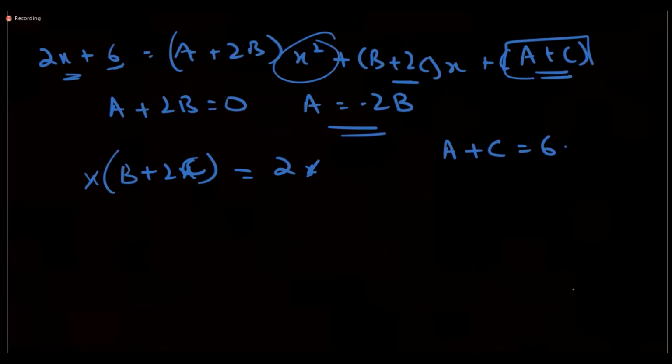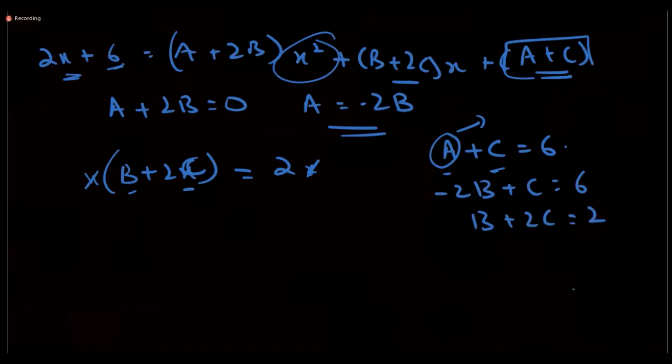Now using substitution, this contains A and C, right? So we can substitute −2B + C equals 6, and this is B + 2C equals 2. Either we can use the substitution method or the elimination method. We will be using the elimination method here.